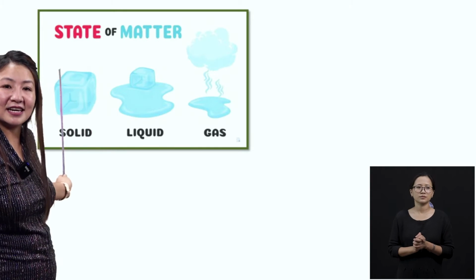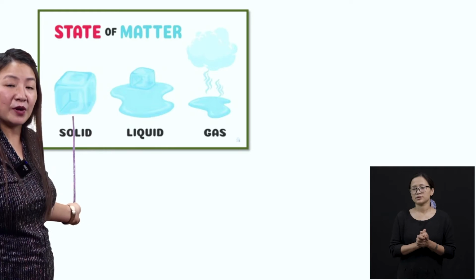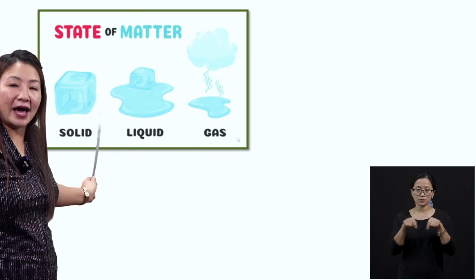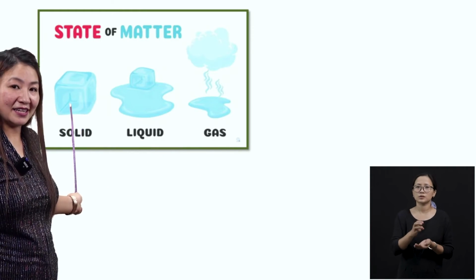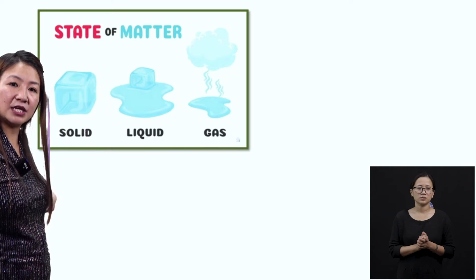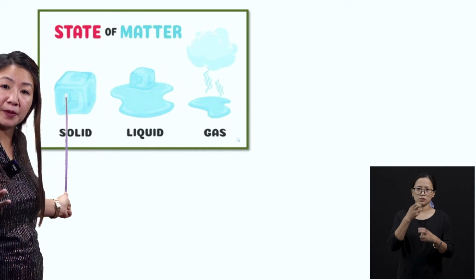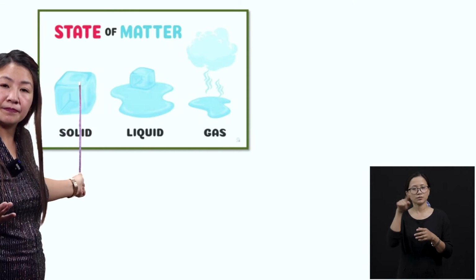Yes, this is an ice cube. In your refrigerator, in the freezer, when it is very hot, you add this to the water or juice, isn't it? It is made of water, but it is solid, yes or no? Because it has a shape. See, it is a cube, isn't it?